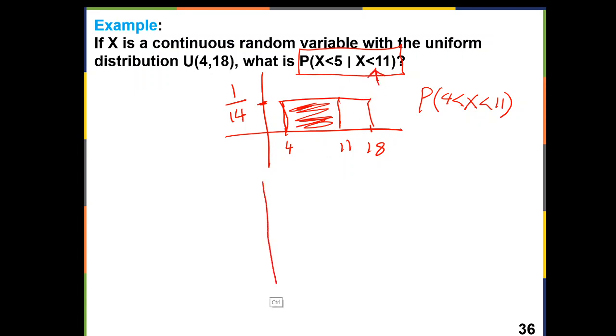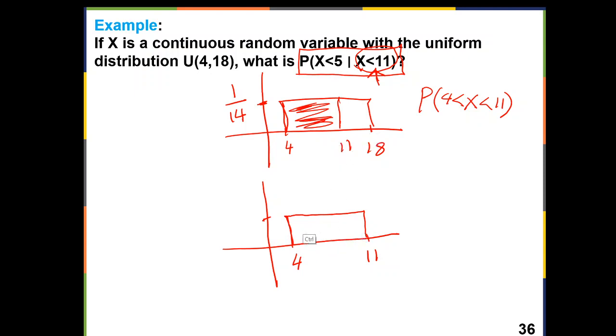The condition tells us that x is not really from 4 to 18, but is from 4 to 11. So I have to go to 11 and then put a height here that makes this area 1, because I don't care about the rest of the rectangle.